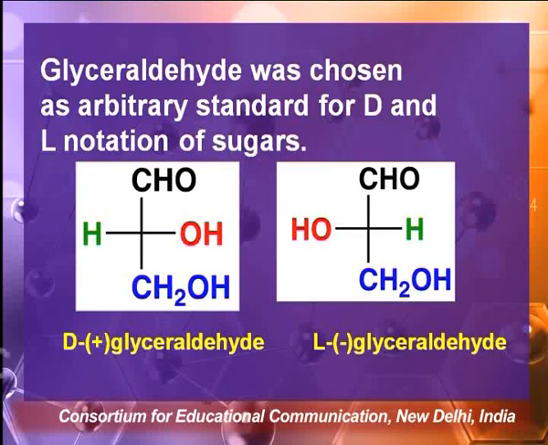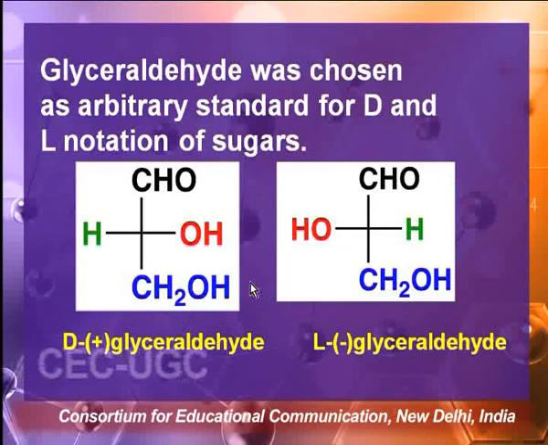When we look at the orientation of OH and H, we find that the OH is on the right hand side of the horizontal line. So it was assigned configuration capital D, whereas the other enantiomer, in which the OH was on the left hand side and was levorotatory, was assigned configuration capital L.